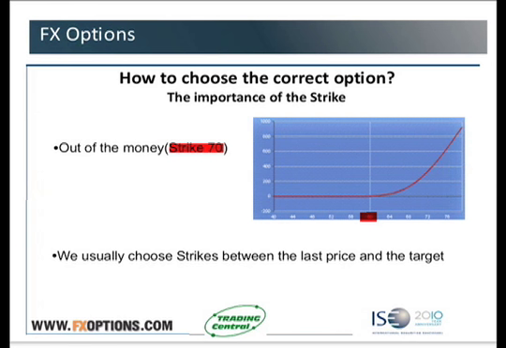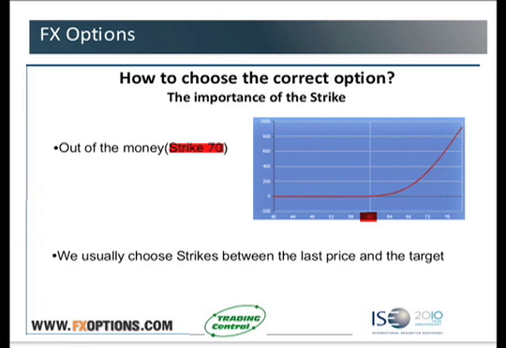But an option, and a call especially, has not only an intrinsic value but also an extrinsic value, which is linked to the time remaining until the expiry of the option.